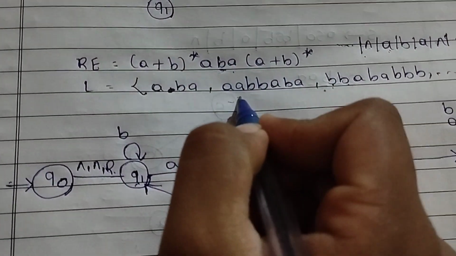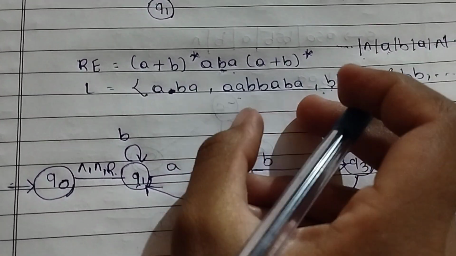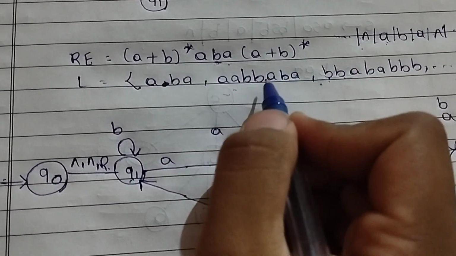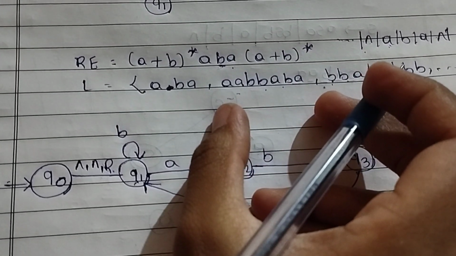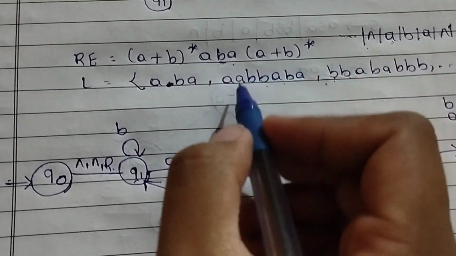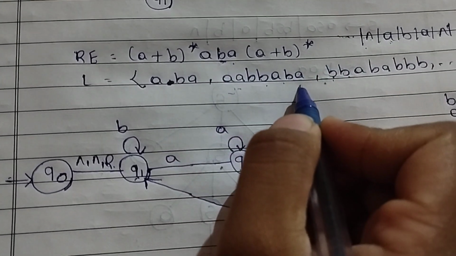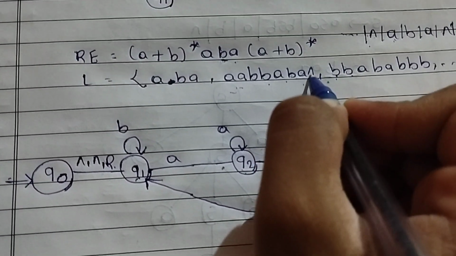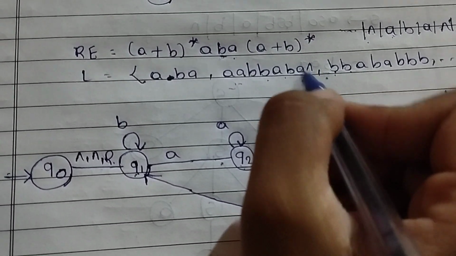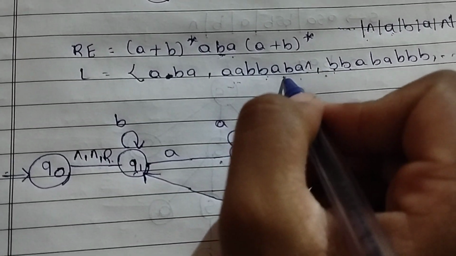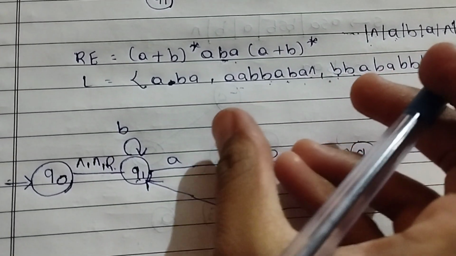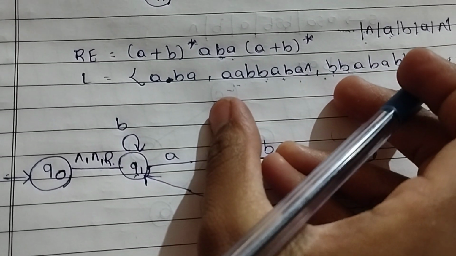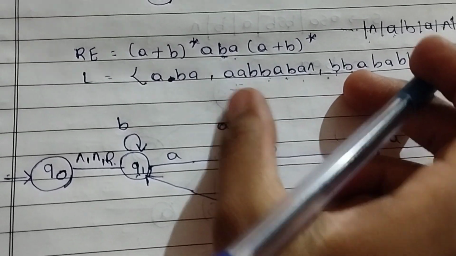Let's consider this example. At the end what we want is whether this aba string is present or not. If present, then we simply move to the right side, and when we reach the end of the string, null is present. If you read the null and all the substring, that means we are in the acceptance state and we accept this string.